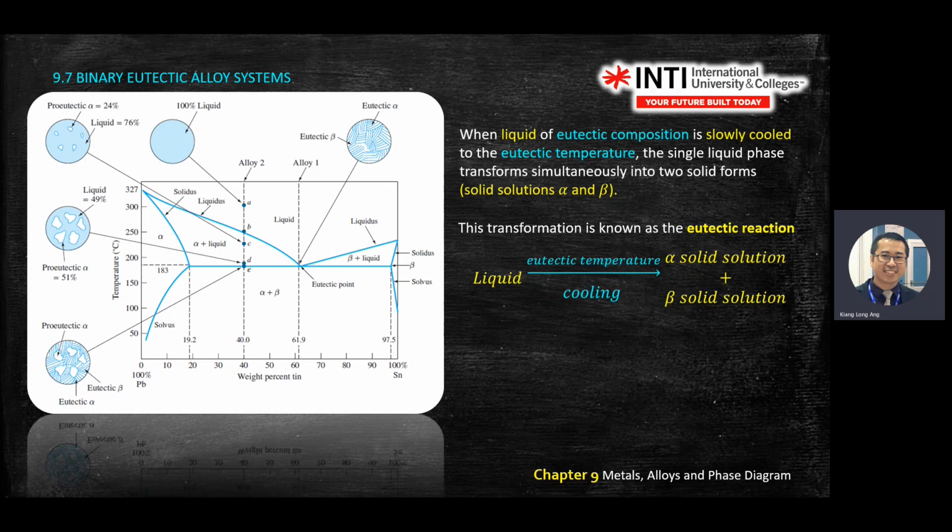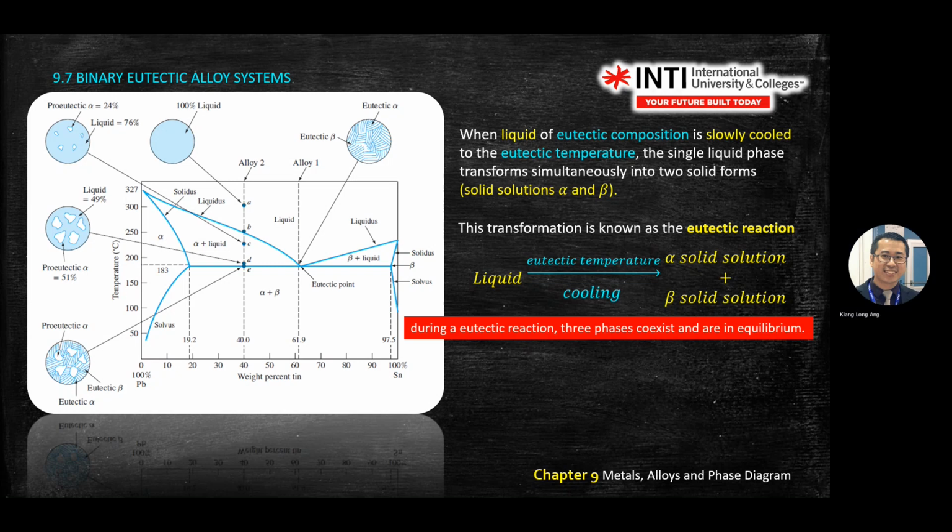When it passes through the eutectic temperature, it can become alpha and beta, because this line is the last standing point where liquid still exists. But depending on the percentage, alpha and beta solid can also form. At that temperature, 183 degrees C, there is a percentage where you can find alpha and beta.